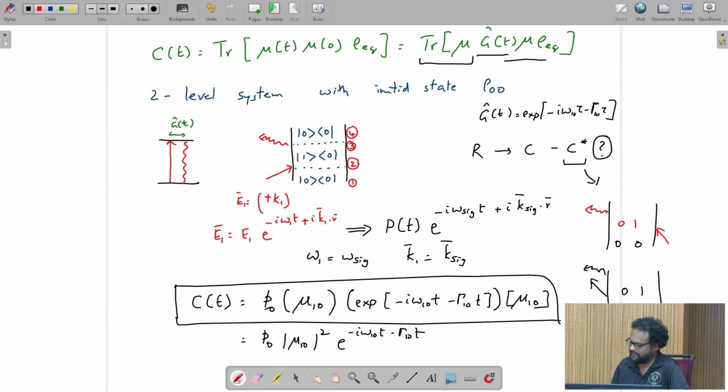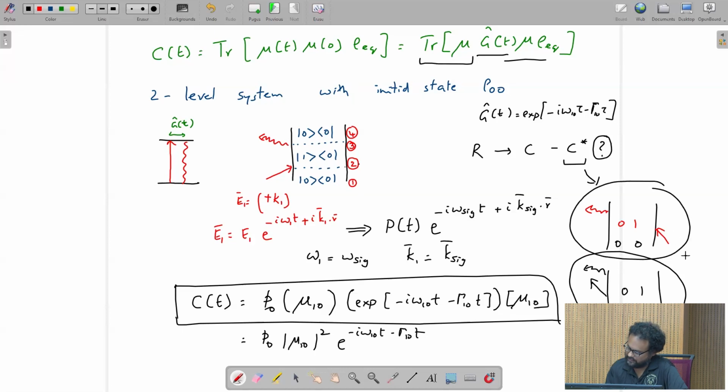You're talking about this case, the top one, or this one? Yeah. What you're saying is this is minus k. Yes. And this will be plus k. Yes. So in the Feynman diagram, the representation of this has nothing to do with the wave vector of the emission. It's just a representation to lower phase. So just because it's on that side doesn't mean that it's emitting.